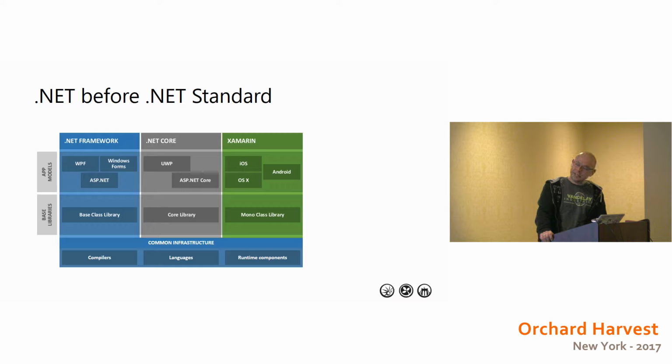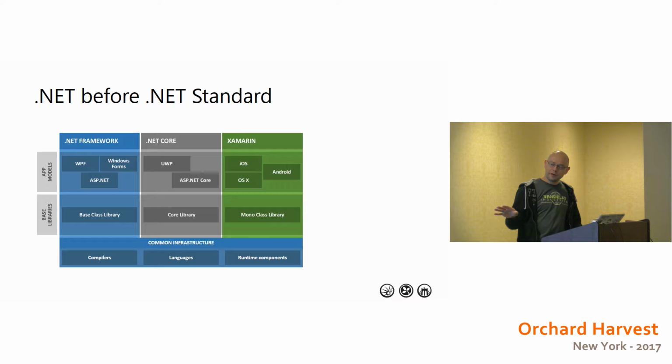But this diagram here should show you a number of interesting things. So what's the problem here is the vertical lines between those three guys here, because it goes too low. There is not enough that is common between .NET Framework, .NET Core, and Mono here.